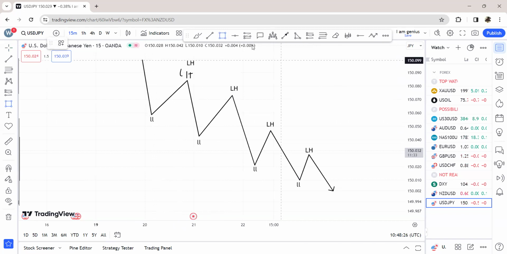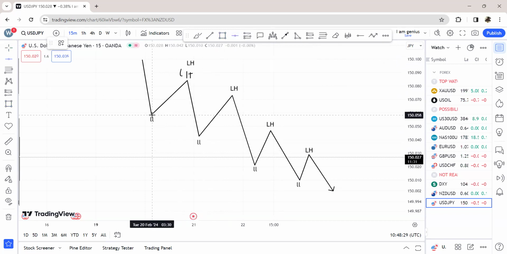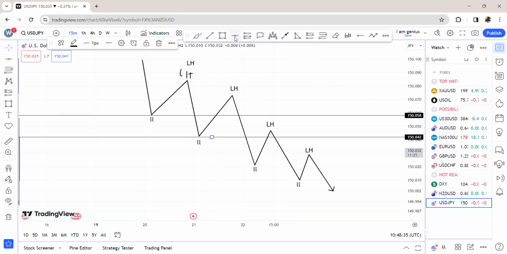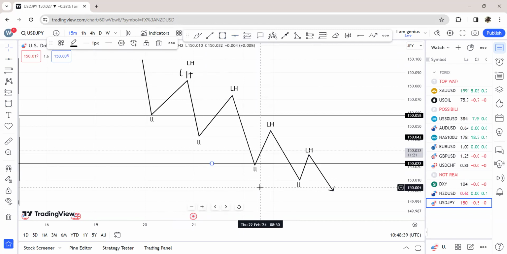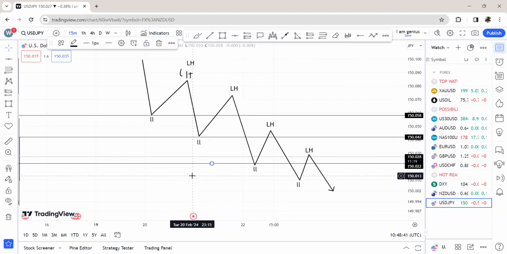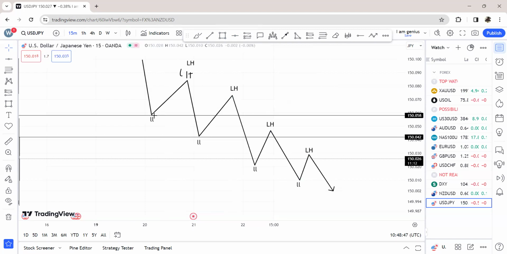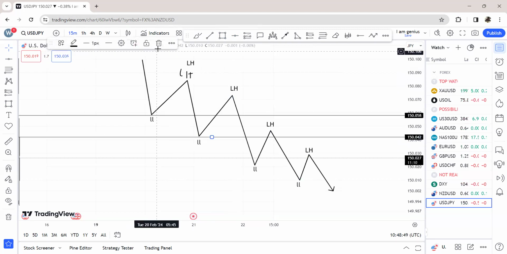It's not a line like this, or like that. No, it's an area, this entire area here. That's why I'm using rectangles.